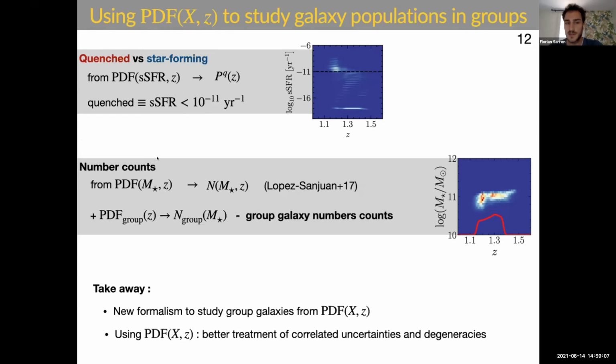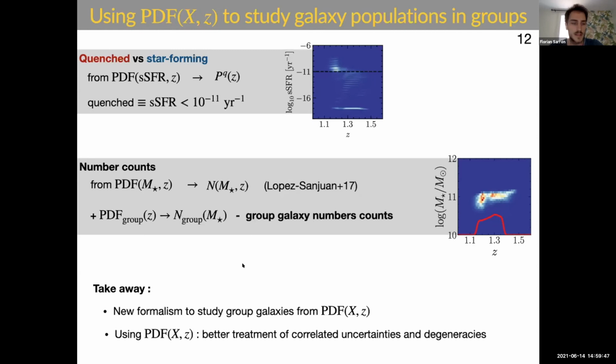And also it's pretty easy to get number counts as a function of stellar mass and redshift by just summing the individual PDFs, the 2D PDF on these parameters. And as was done in Lopes et al. 2017, we add one level of complexity here. As we know the uncertainty on the group redshift, encoded in this PDF of redshift that you can see in red here, we can marginalize out the redshift dimension, taking into account this PDF, and get an estimate of the number counts as a function of stellar mass for the group galaxies.